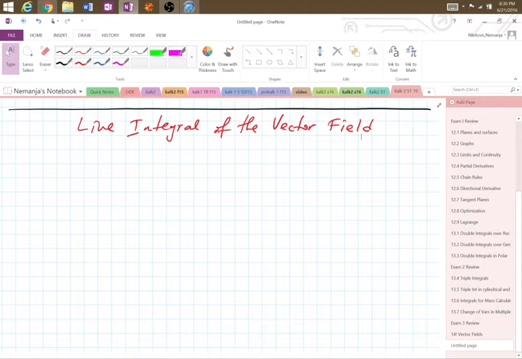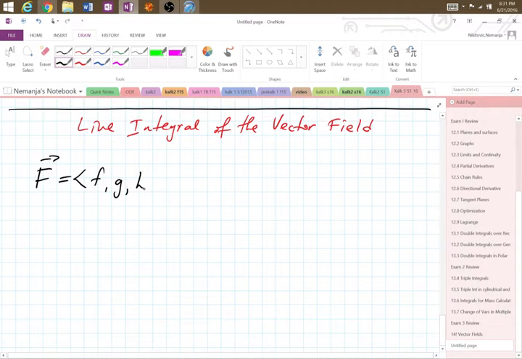So what is the definition here? What are we going to use? So we have vector field F is expressed through F, G, H, which are the functions, each one in respect to t.